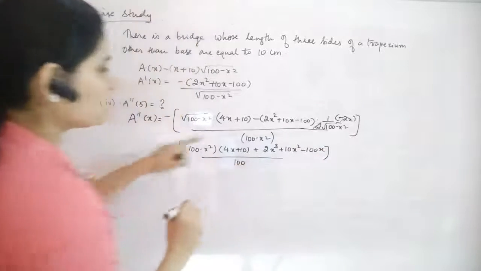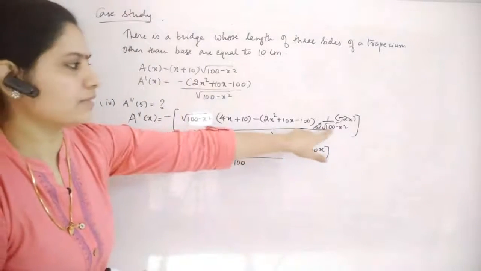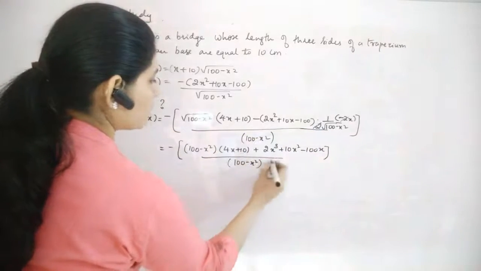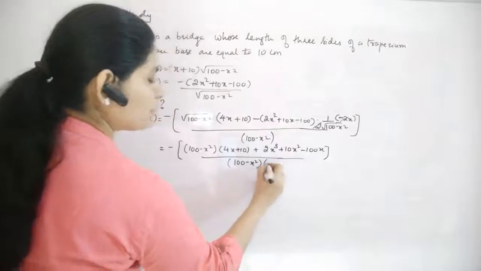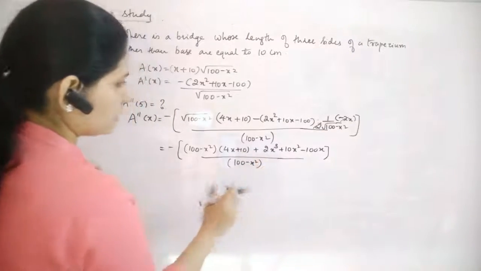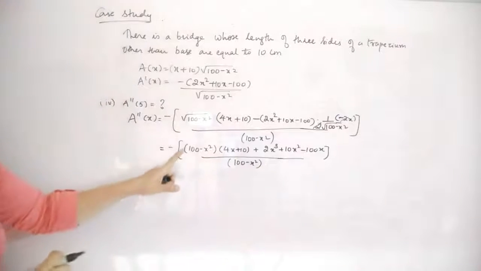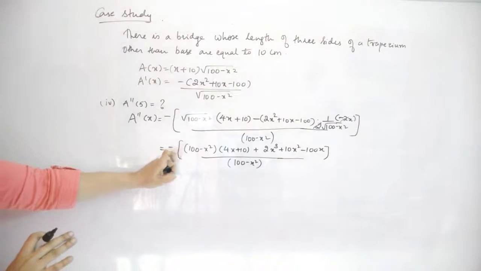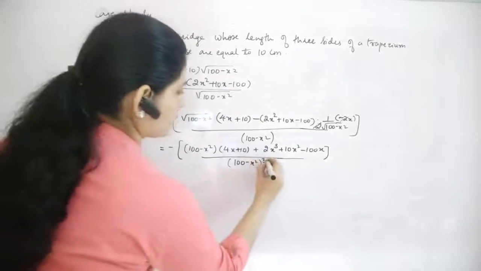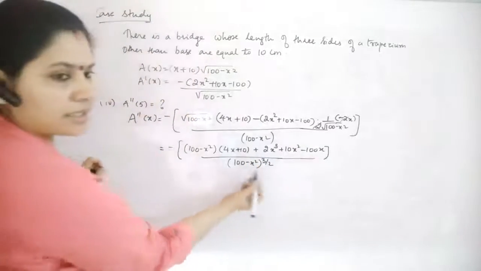Divided by, remember you have this as an LCM, that means this will come here. So it is (100 − x²) into √(100 − x²), or the whole raised to 3/2 you can write. I am just looking for if I have anything to cancel, then this raised to 3/2 can be changed. Right now I am writing it as 3/2.